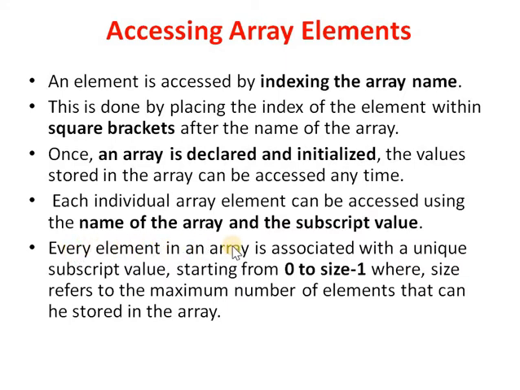Every element in an array is associated with a unique subscript value. That value starts from 0 to size minus 1. If we have an array of size 5, then the index will start from 0 to maximum 4, because our last index is size minus 1.